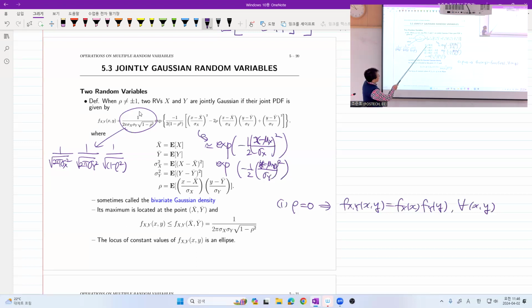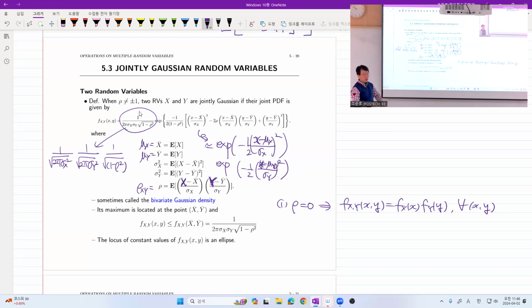So here, x bar is the expectation of x. Sometimes I will use mu sub x, mu sub y, sigma x squared, sigma y squared, and rho xy I'll just write as rho because we have only two random variables x and y. Of course, here is a typo, it should be capital X and capital Y. By the way, this density function is called the bivariate Gaussian density.